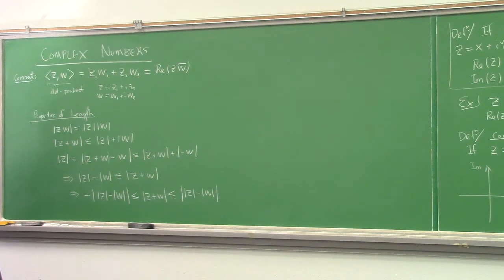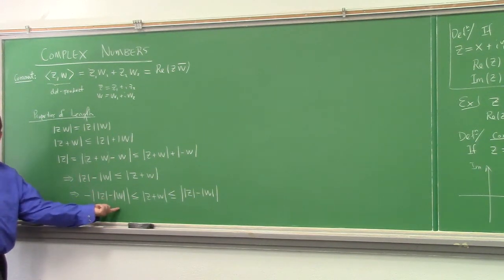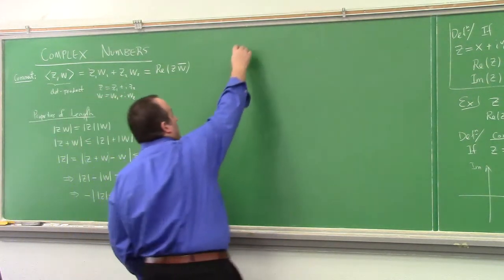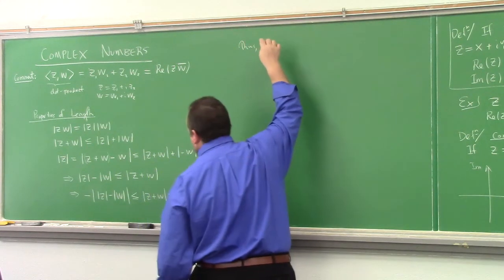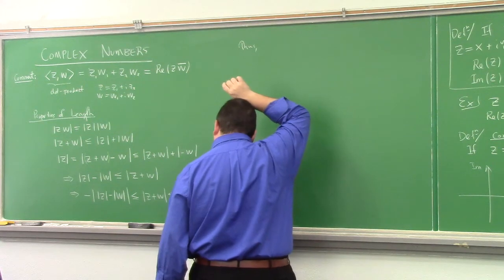So either this is a negative number or a positive number. So minus the absolute value of that has to be less than this. So that follows. And then, what does this give us? This gives us that, oh, I'm an idiot.